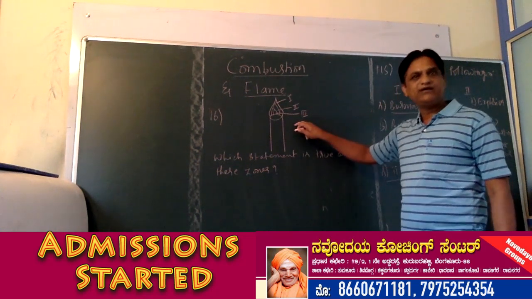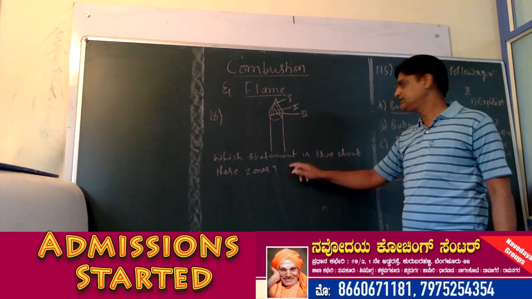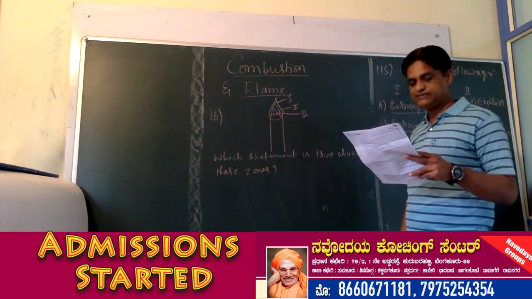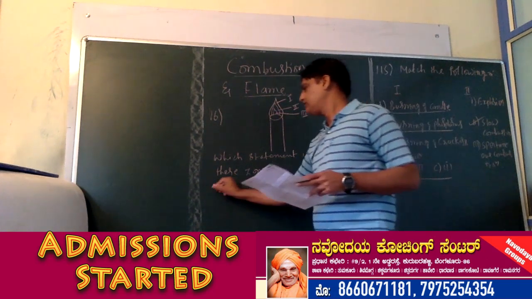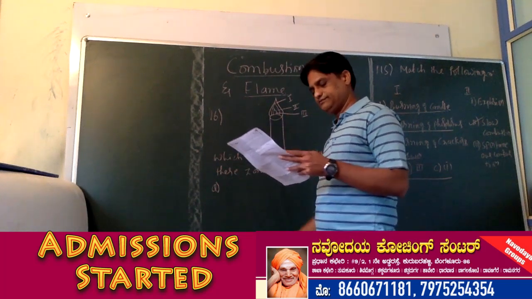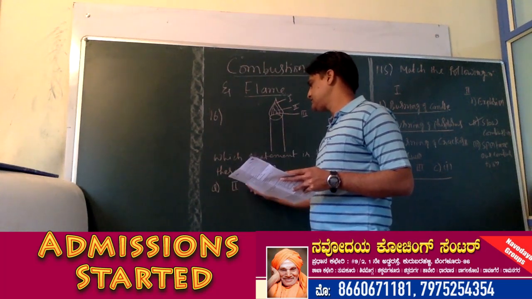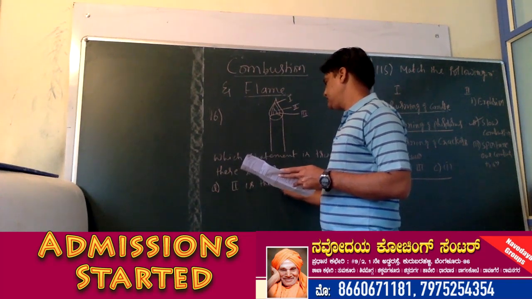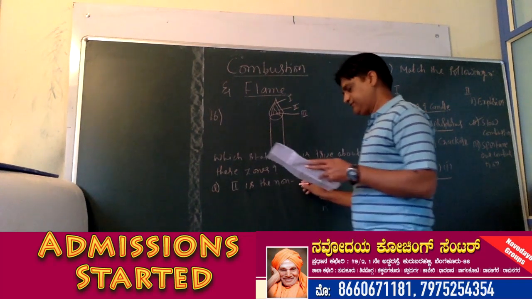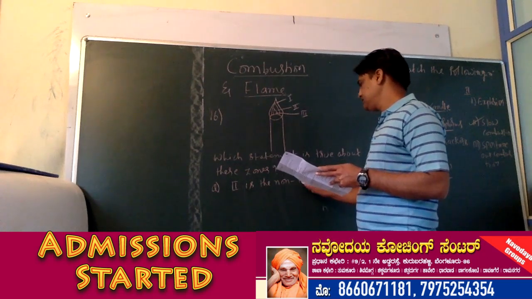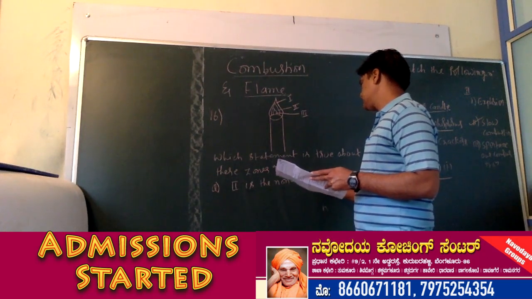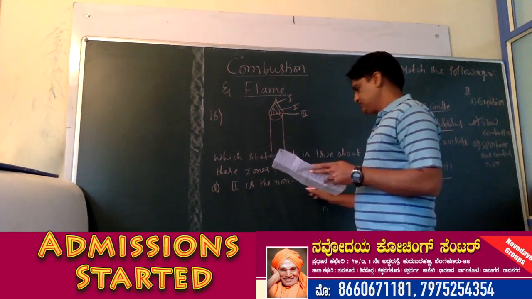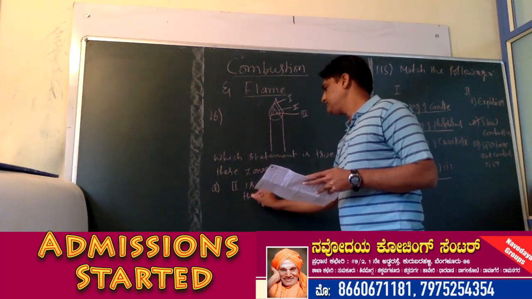So the diagram is given, and what is the question asked? Which statement is true about these zones? Option A, 2 is the non-luminous part of the flame.